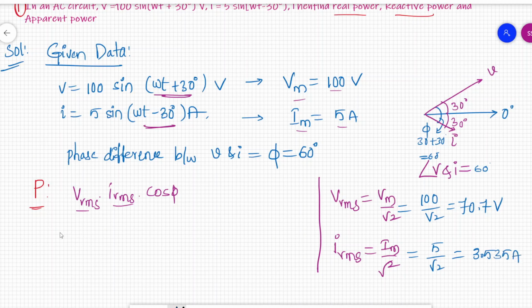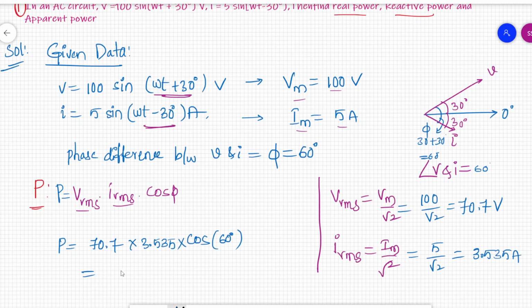Let us substitute them in our expression for real power: P equals Vrms, 70.7, times Irms, 3.535, times cos of 60 degrees.